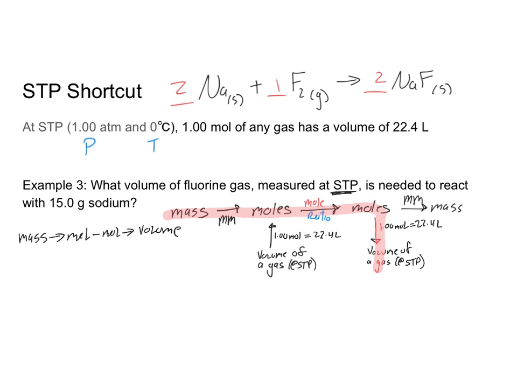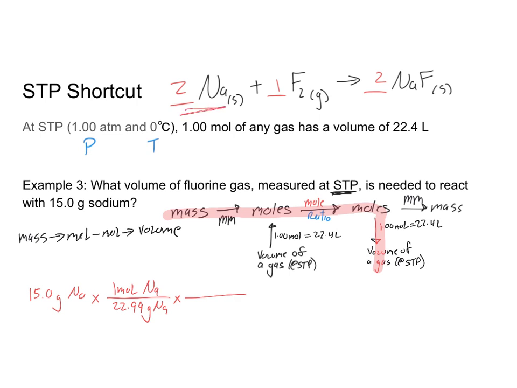So I'm going to take the 15 grams of sodium, and I'm going to convert that to moles of sodium. In 1 mole of sodium, I have 22.99 grams of sodium. And then I'm going to use the mole ratio.